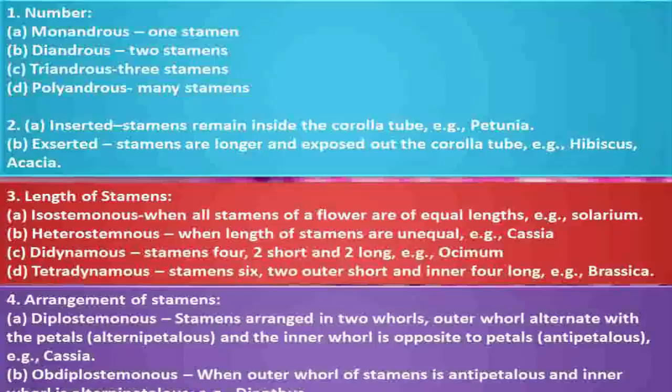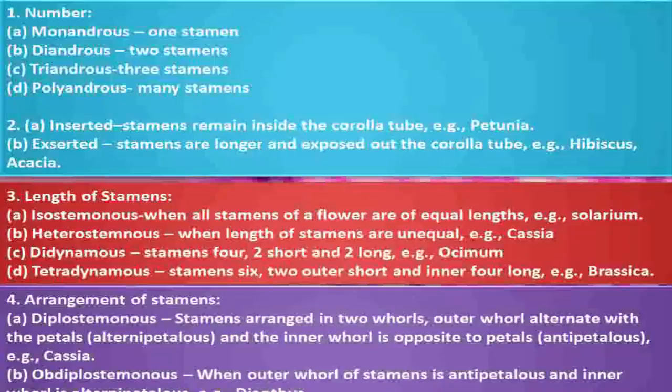These four are distinguished on the basis of the length of the stamen. Iso means same, so isostemonous means when all stamens of the flower are of equal length. An example is Solanum. Then comes heterostemonous, when the lengths of the stamens are unequal, for example in Cassia. Hetero means different. This way you can memorize.